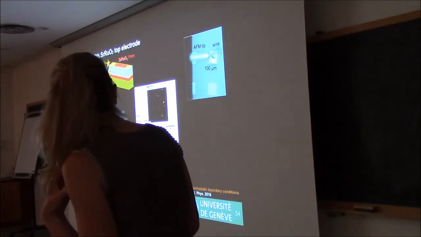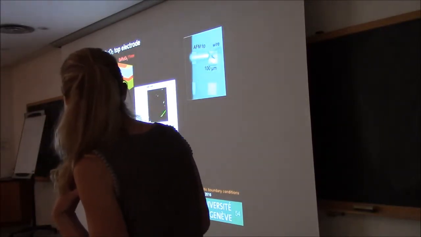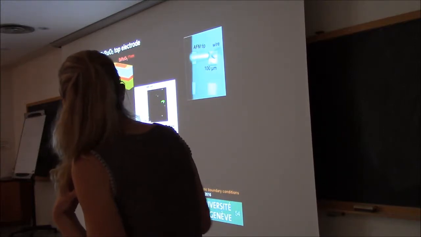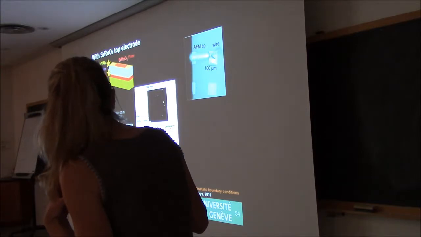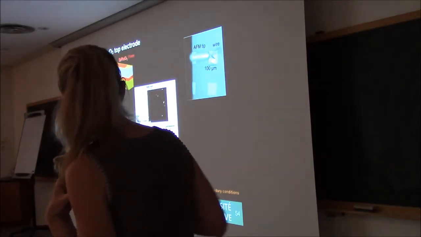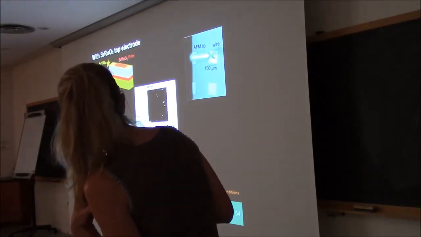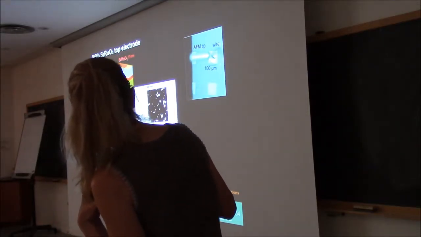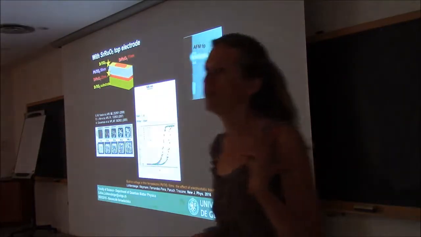And so what you see here is that we have something that is mostly uniformly polarized with a few domains. And then here what you can do is that for a given DC voltage, you can measure the proportion of up to down domains. So we start with something that is monodomain, and then what we do is that we increase the voltage applied here, and we monitor the change of the domains.